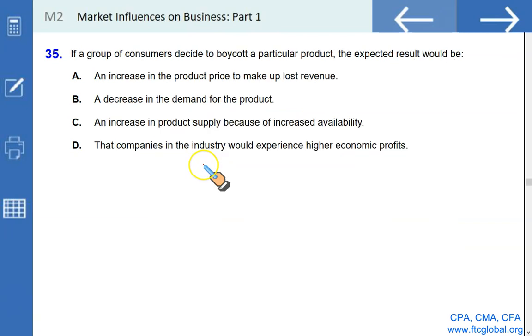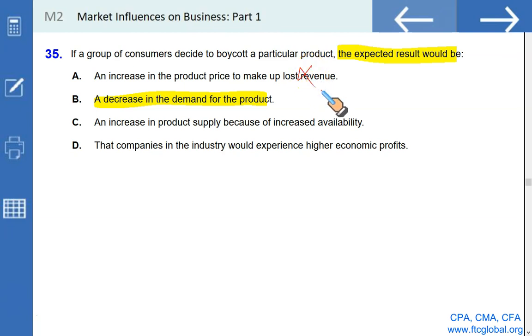If a group of consumers decide to boycott a particular product, they decide not to buy it, the expected result would be, a pretty straightforward question, a decrease in the demand for the product. Now, why not A? An increase in the product price to make up the lost revenue. Already the demand is falling, so why would they raise the price? Incorrect.